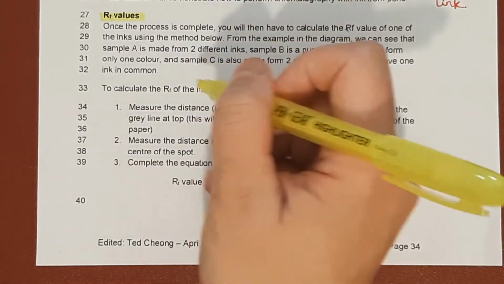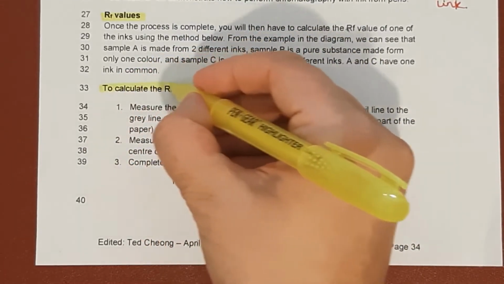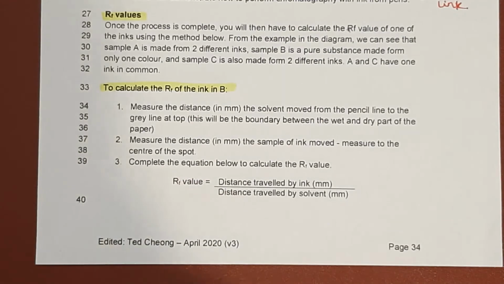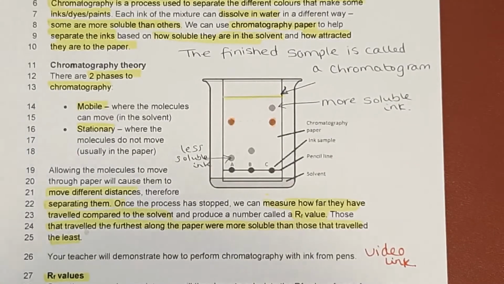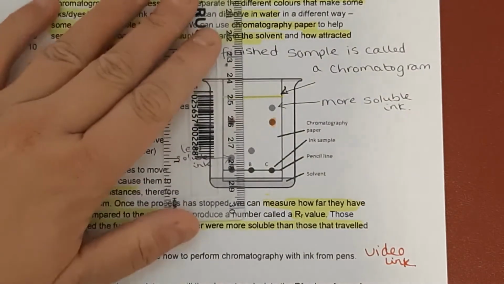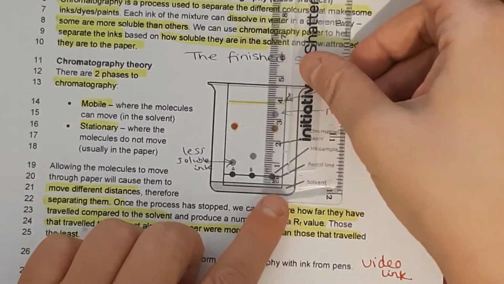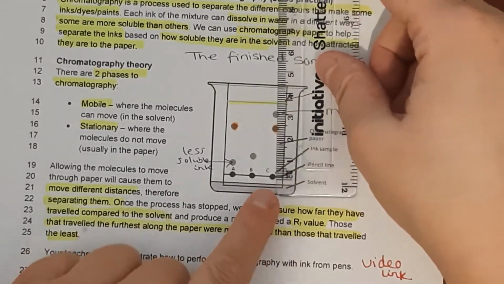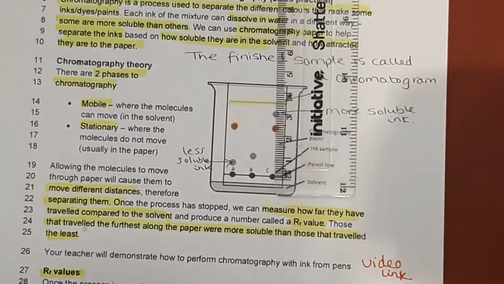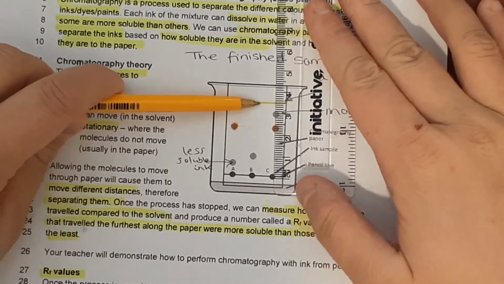So to calculate the RF of the ink in B, which is the middle one, we're going to measure the distance in millimetres that the solvent moved from the pencil line to the grey line at the top. So you will take your ruler, for example, and use it to measure this distance. So from the pencil line, which is here, all the way up to the solvent line, which is here.